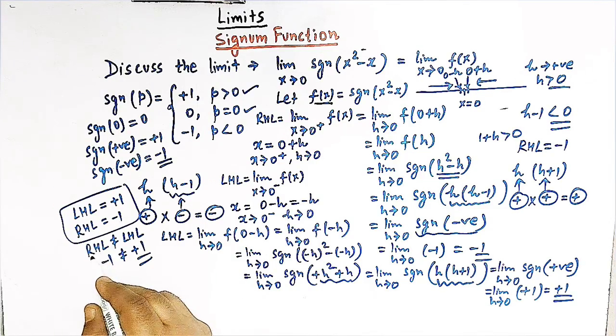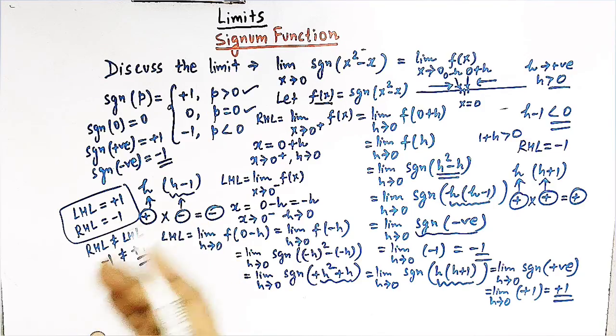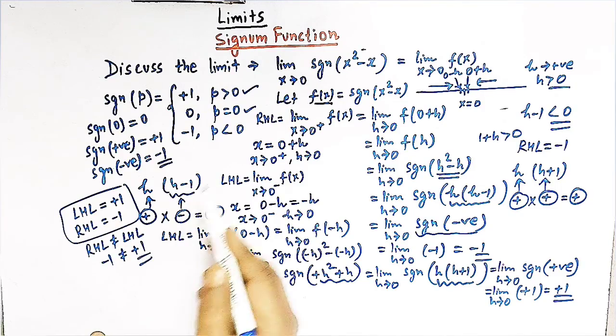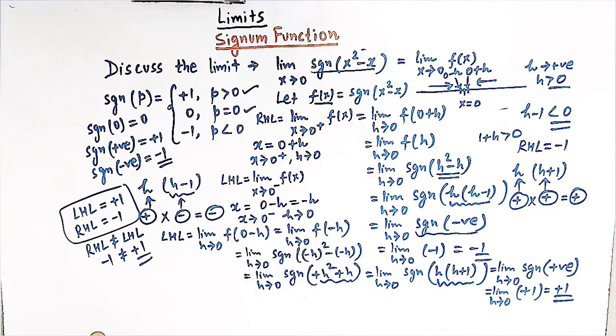So in this case, although they exist and they are finite, they are not equal to each other. Hence we can conclude that the limit of this function when x approaches 0 does not exist.